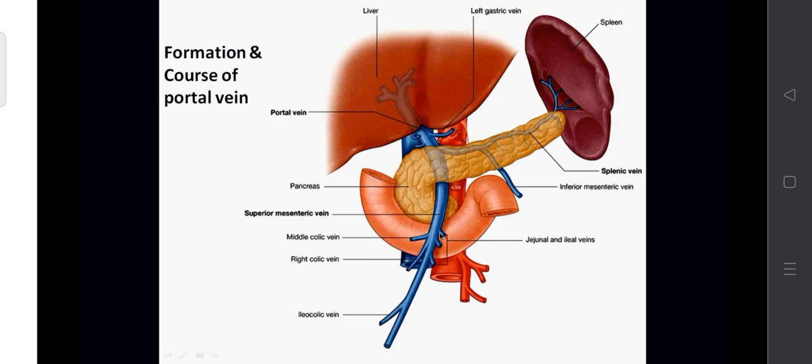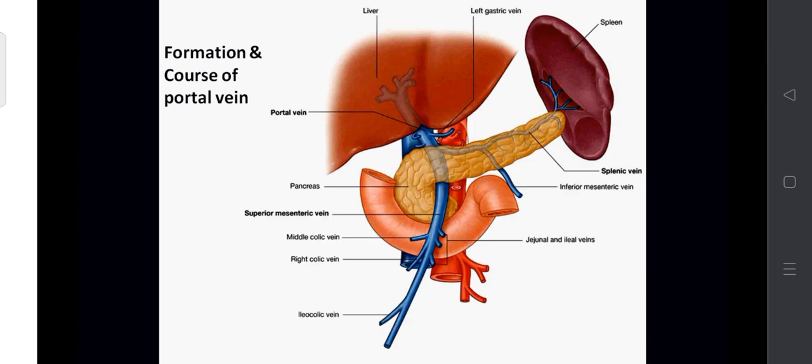Here we can see few tributaries of the superior mesenteric vein, and here we can see the tributaries of the splenic vein. The inferior mesenteric vein, draining the blood mainly from the colon, is a tributary of splenic vein, while superior mesenteric vein joins the splenic vein to form the portal vein.